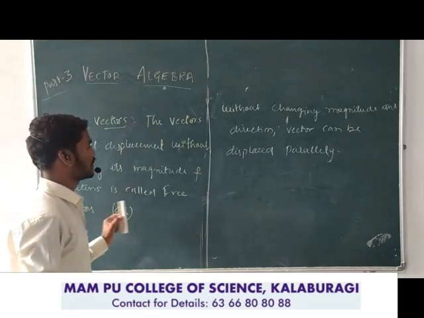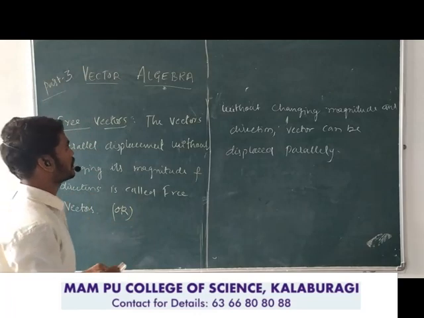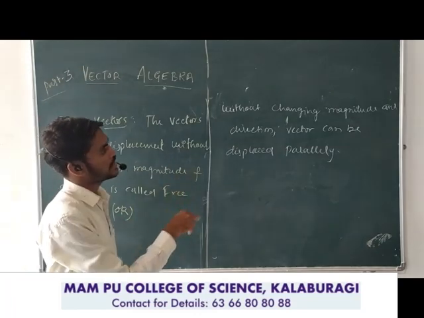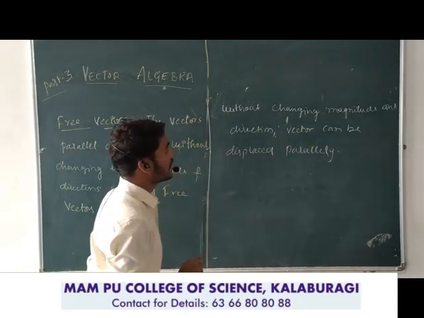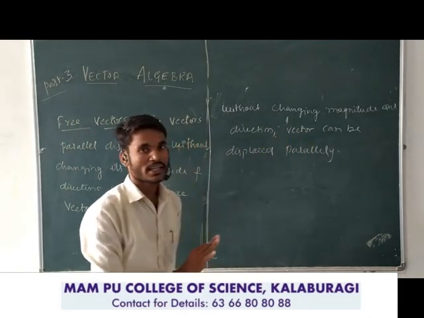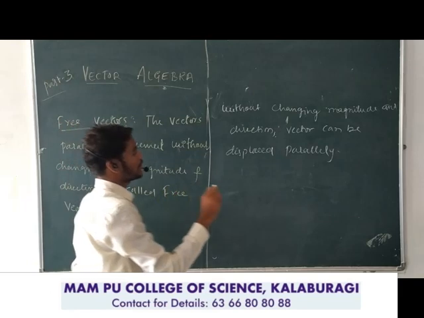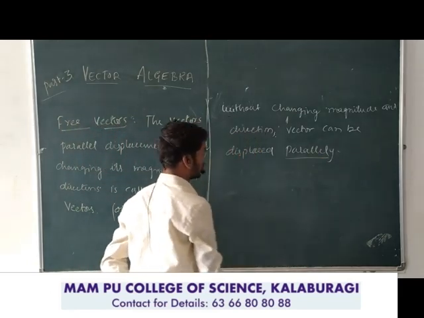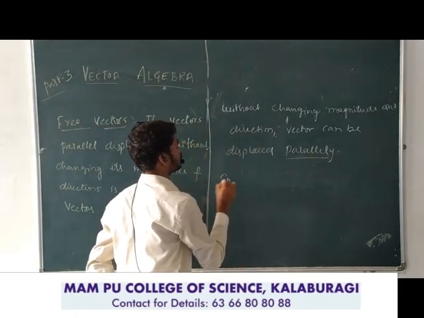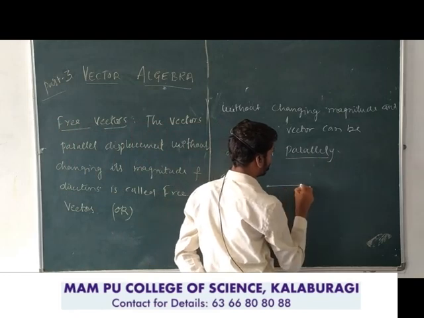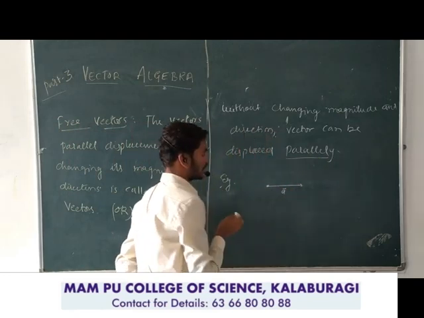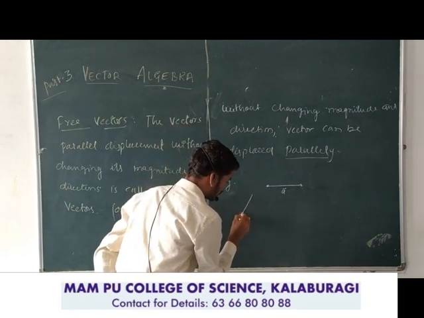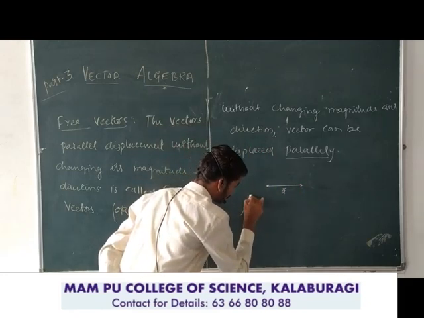Or, in short, without changing magnitude and direction, the vectors can be displaced parallelly. Suppose I show here: this is vector A, and this is vector B.